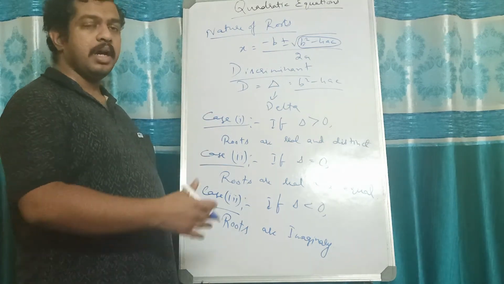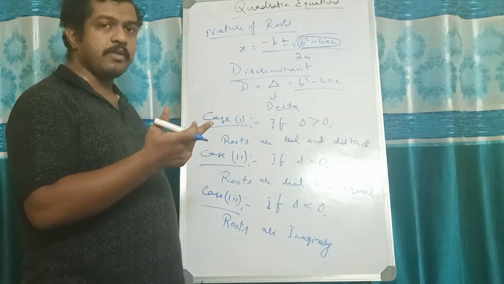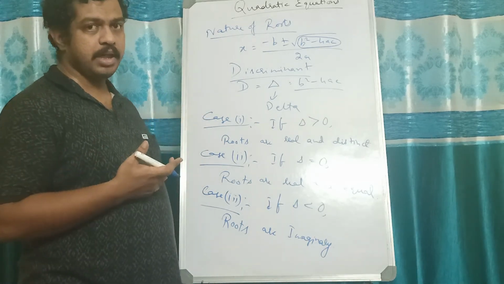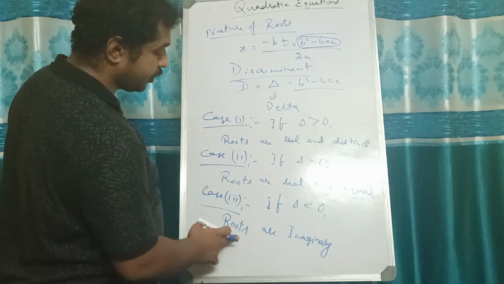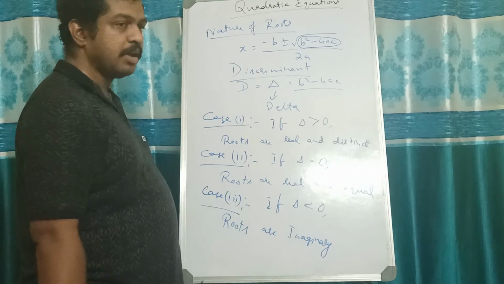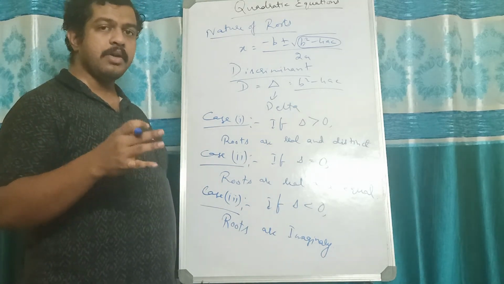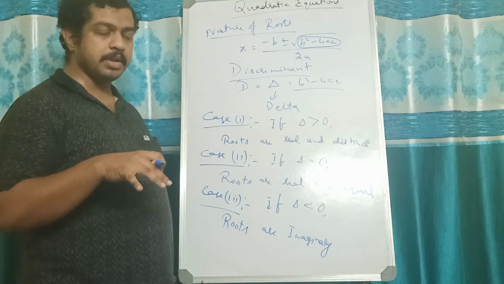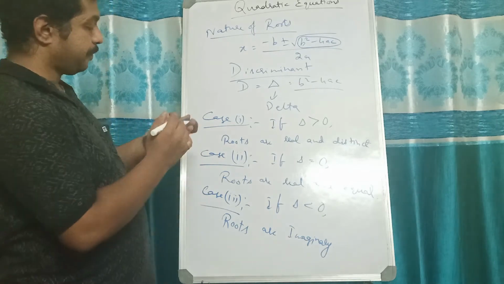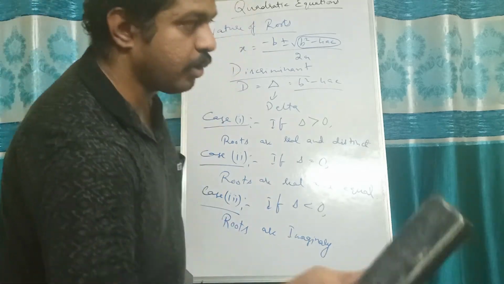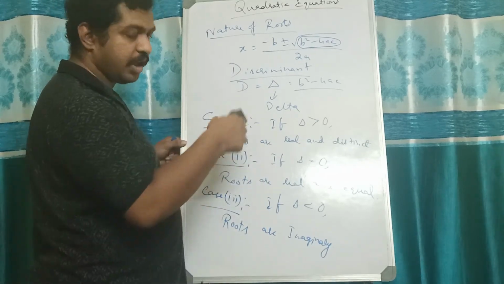For example, in the previous problem I might have shown you the square root of minus 16 coming up. Those equations have roots which are imaginary. When you get a root of a negative number, which is not defined in the real numbers, those equations will have imaginary roots. Now I'll give you one particular example and show you how these 3 cases work.